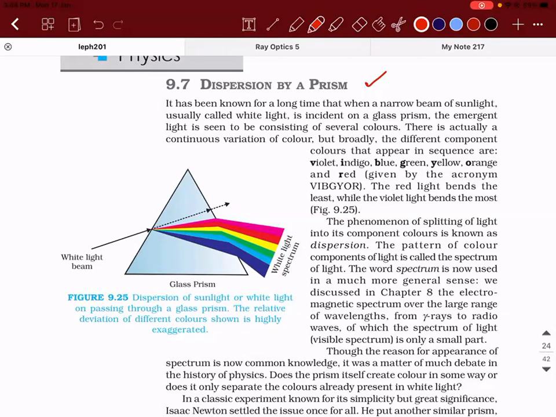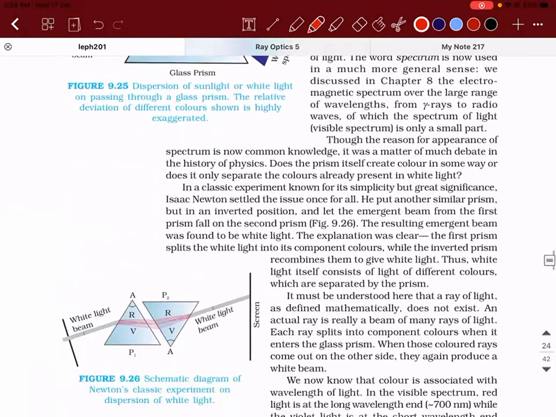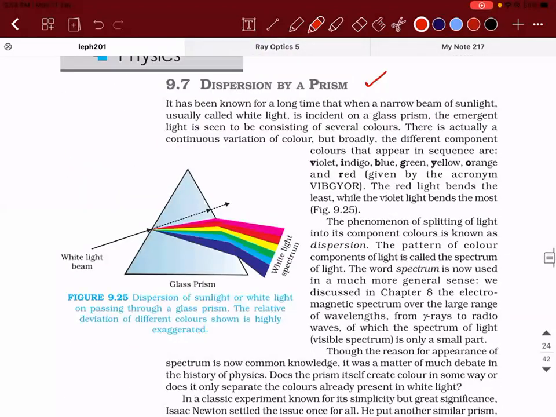The splitting of white light into its constituent colors is what we call dispersion, and this kind of color combination is what is called a spectrum. So basically, this experiment says that white light consists of 7 different colors.